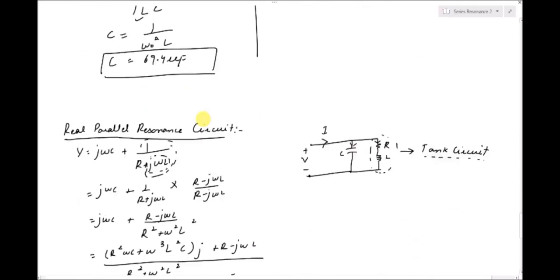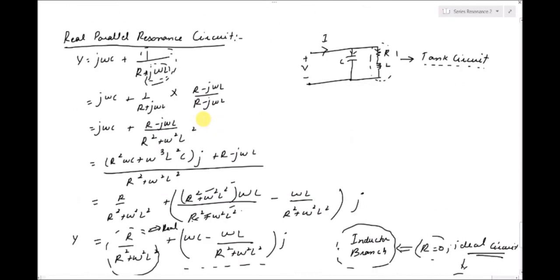And in the second part of the lecture we started with a resistance introduction with the inductor, which makes the parallel resonance circuit a real one, because the resistance of the inductor is never 0, it has a wire, and we have to introduce a resistance in series with the inductance value of the inductor.